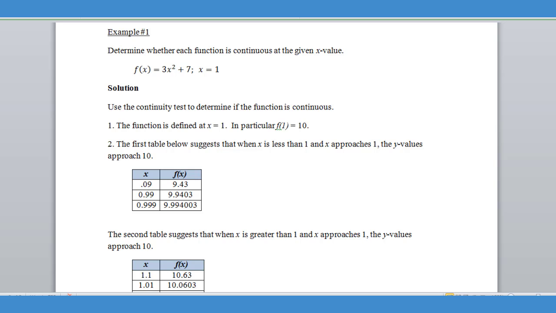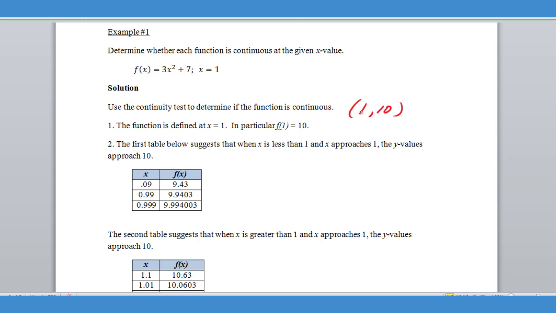Our first test is to figure out whether we have an output value at 1. Is it defined at that value? The function is defined at x equals 1, and the output value is 10, so we have the actual point (1, 10) on the graph. That means we've passed the first test for continuity at that value.